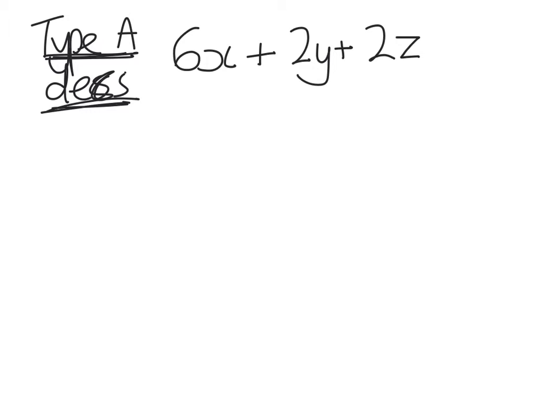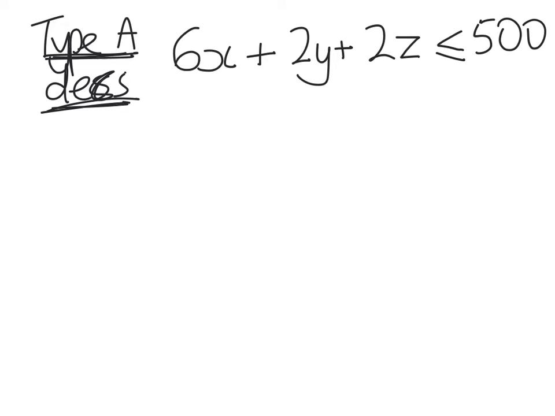So we've got 6x plus 2y plus 2z, and we want to have that, when we do simultaneous equations, we have an equal sign, but here we know that the maximum number of the type A decorations they can do is 500. Right, so that's got to be less than or equal to 500.